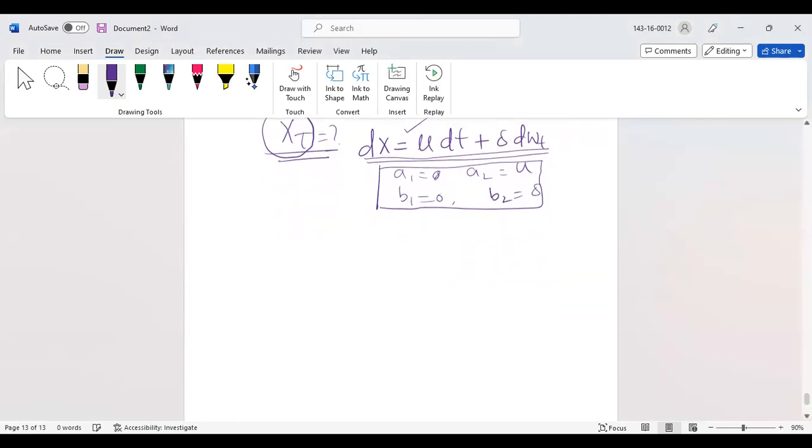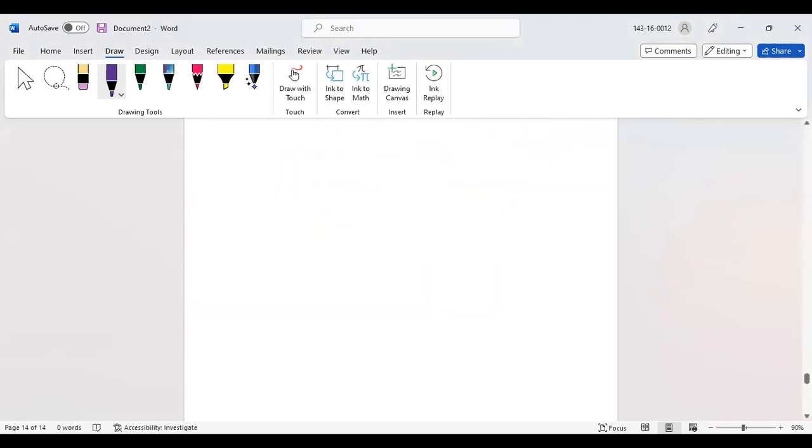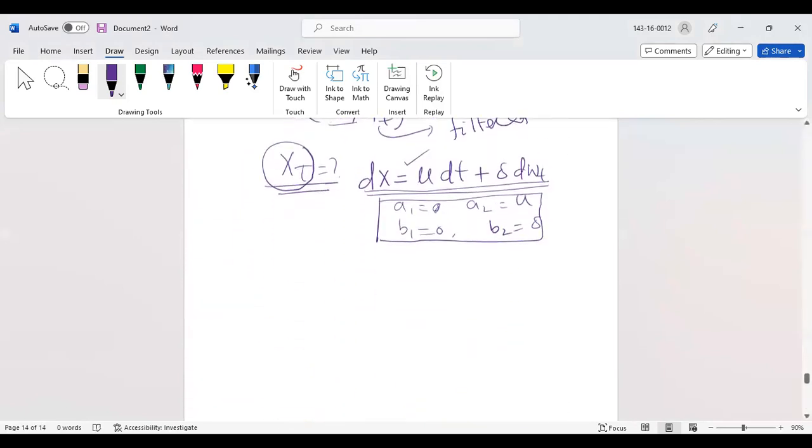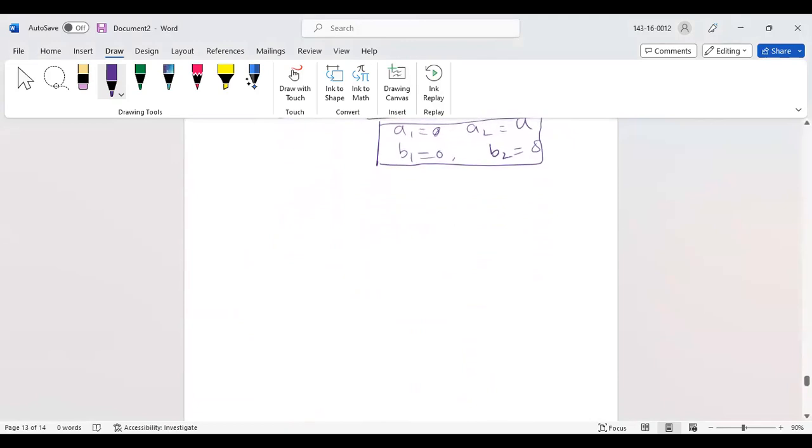But the other thing I also told you is that if you want to solve this as dXt equal to mu dt plus sigma dWt, in this way, with this dt you don't have this x, and with this dWt you don't have this x of t. If you have such a scenario, then you don't need to go for A1, A2, B1, B2.